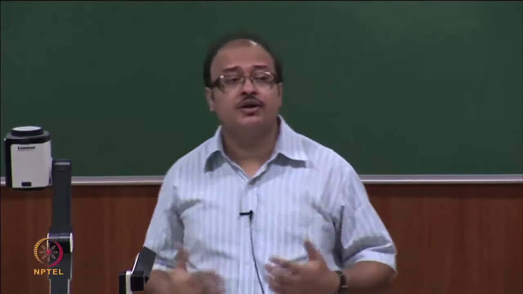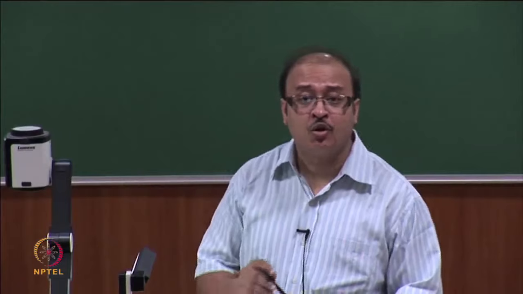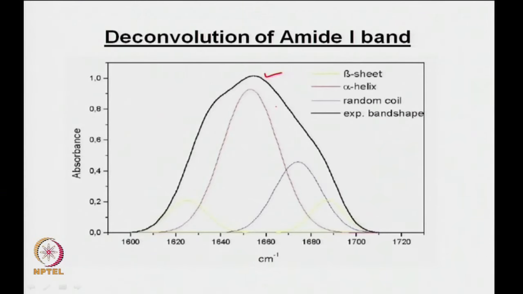Now, these are nowadays done very regularly, very frequently, and you can see what you have under this experimental band. So, under this experimental band shape, the black one, you can see you have 4 typical Gaussians. Now, what are these Gaussians corresponding to? Say for example, this band corresponds to an alpha helix.